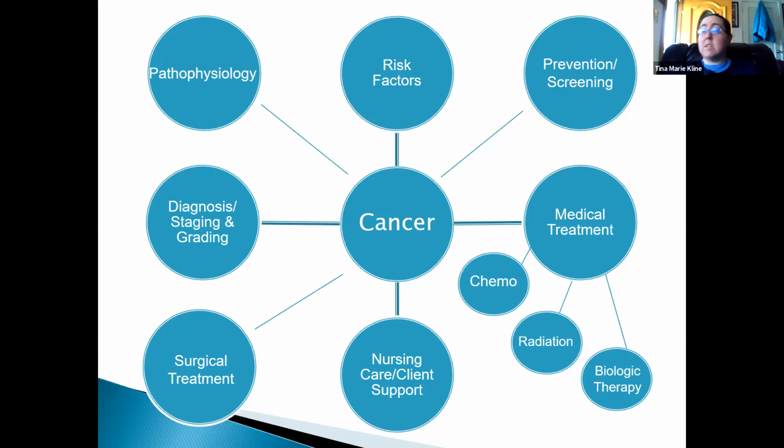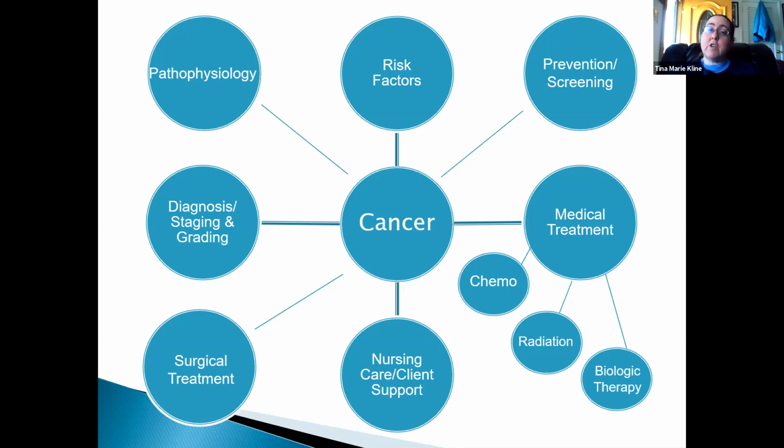Okay, for solid tumors. This does not apply to your leukemia and it does not apply to your lymphoma, okay? Those are based on grading principles, which we'll get to in a minute. But for staging of solid tumor cancers, we use the TNM platform, okay?